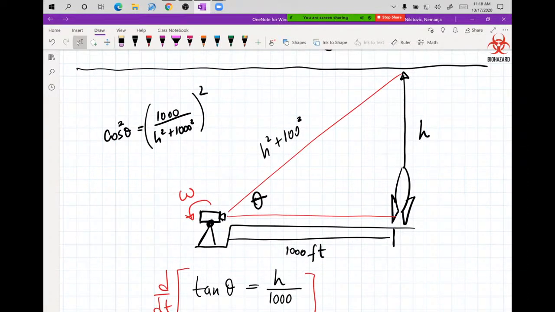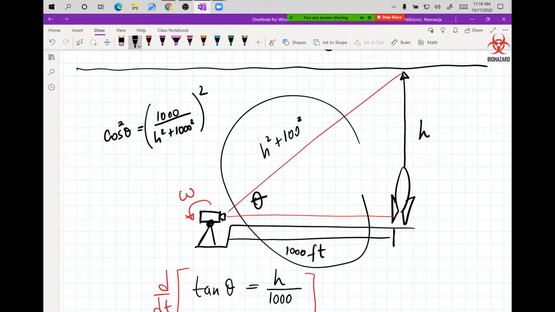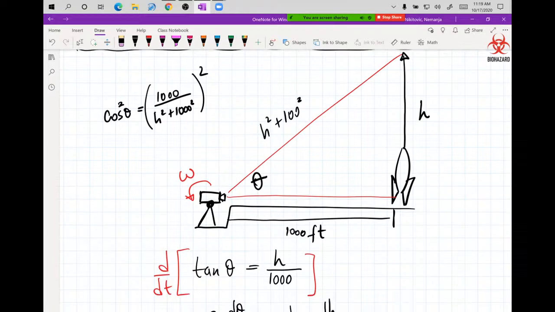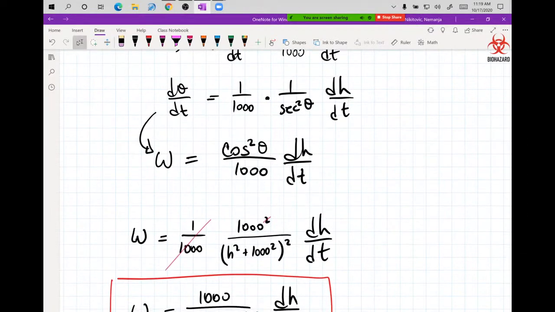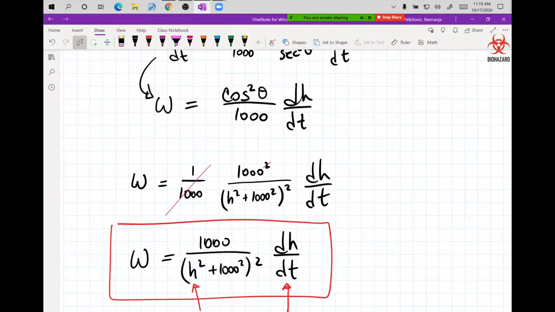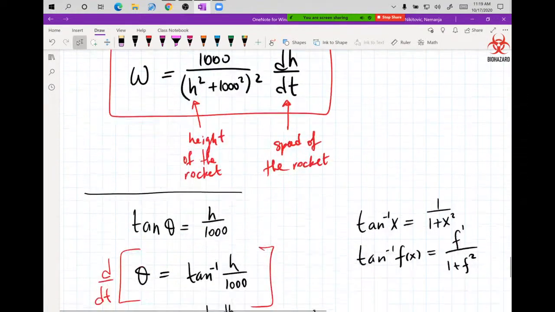So Pythagorean theorem, because we need a hypotenuse for cosine. These two are the cosine. So adjacent over hypotenuse, which is 1000 over this. And because it was a cosine squared, we have a square. So now we plug that in, and then 1 over 1000 in front. And that's just going to kill, and that square stays there. What the hell?